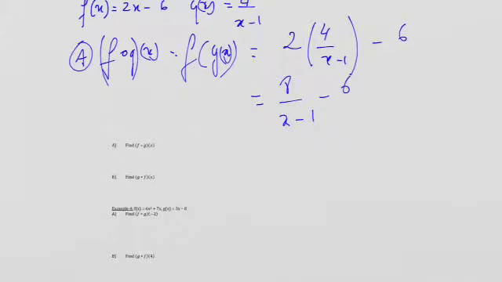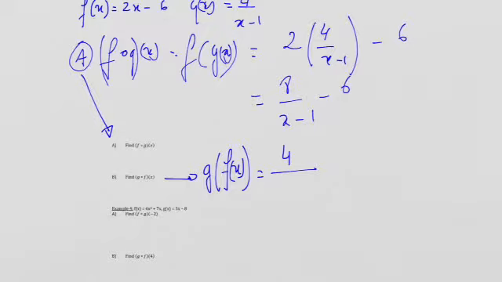So that was the A. Let me do the B right here. For the B, I'm going to have to calculate g of f of x. And so now I'm going to have 4 over, and the value of x inside my g of x will be substituted by f of x.